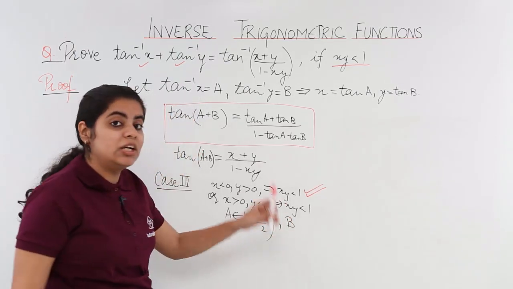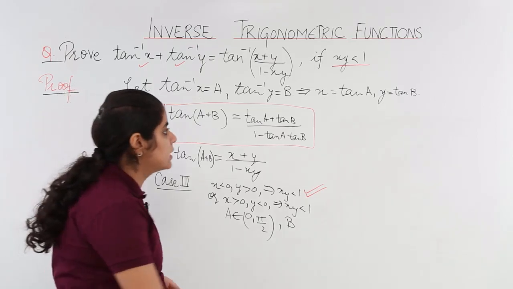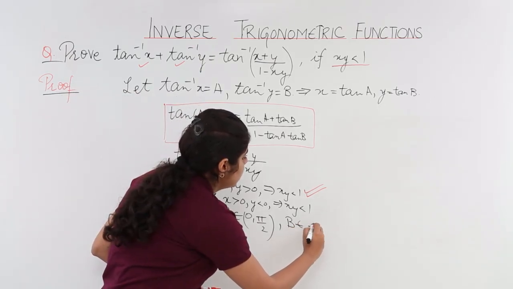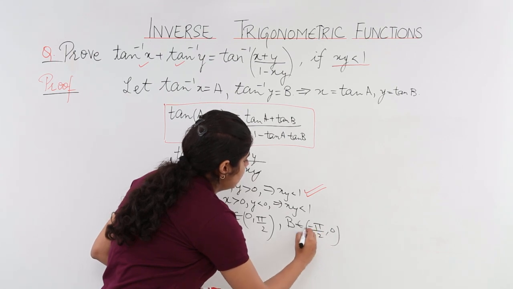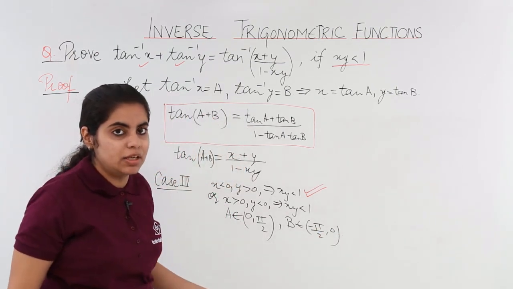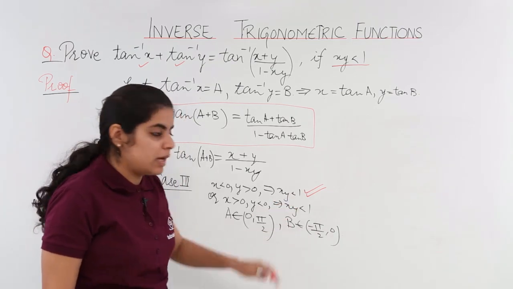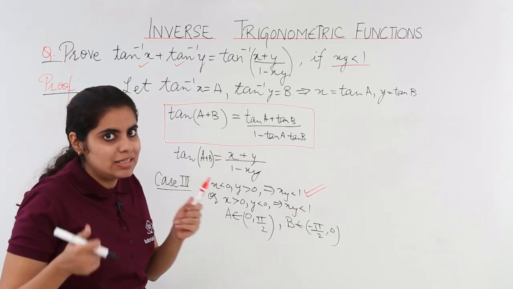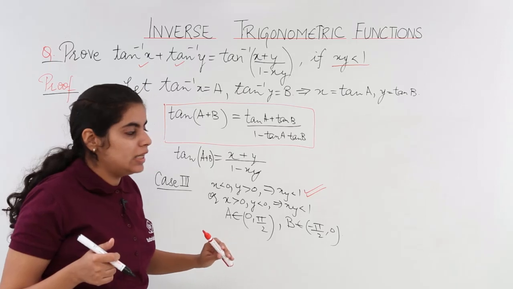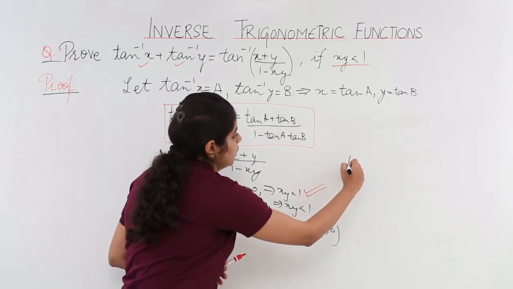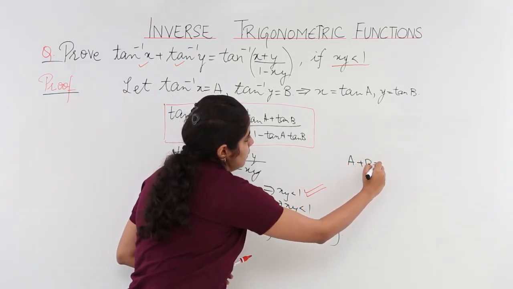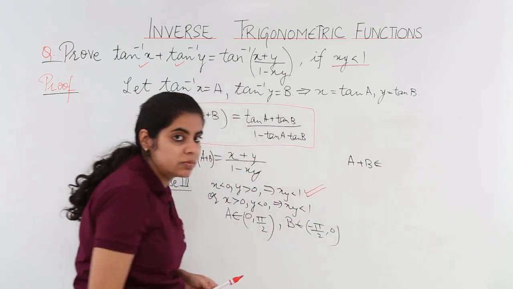And b, which is related to y, would lie in the fourth quadrant, say. So I have minus pi by 2 to 0. That is, I am taking the fourth quadrant here. Anything can be taken, right? If a belongs to 0 to pi by 2, b belongs to minus pi by 2 to 0, I need to add these up. So what is a plus b? A plus b belongs to what?